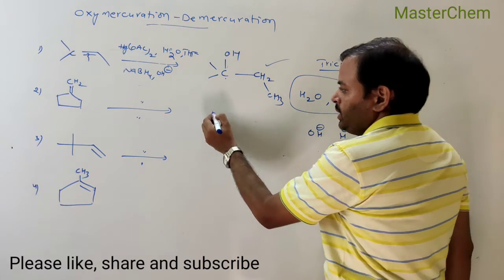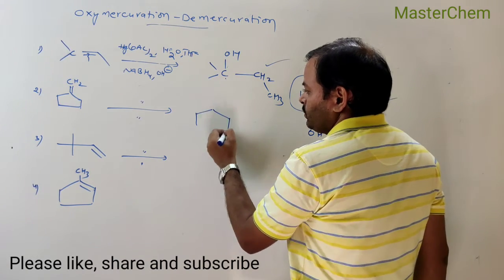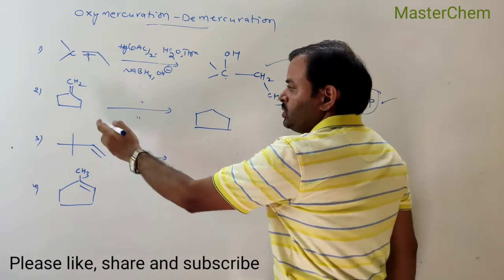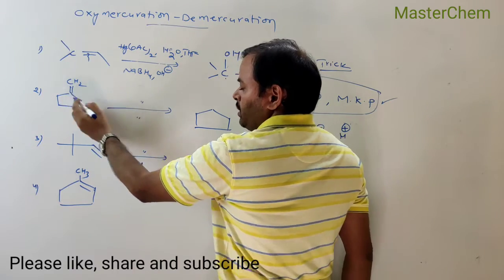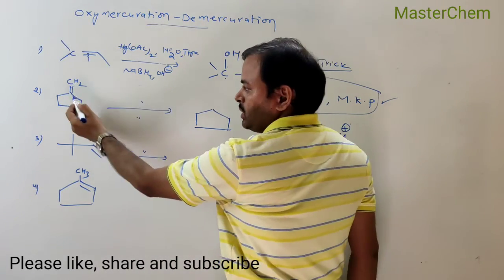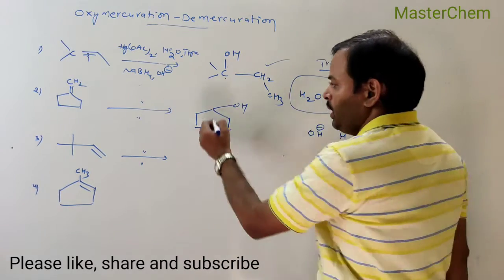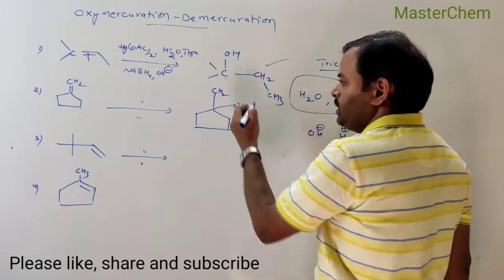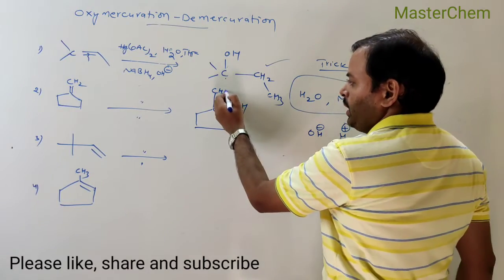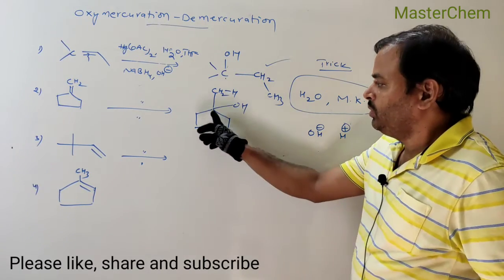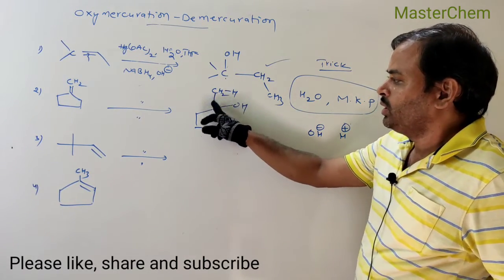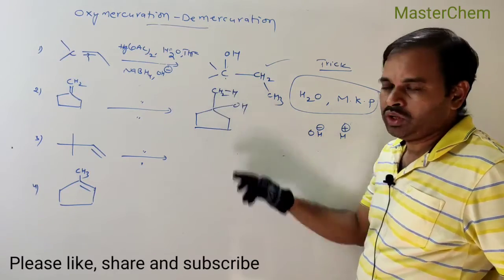And next, second, here it is double bond CH2. So in this unsaturation, the carbon atom which has less number of hydrogen atoms, at that point attach OH, and at this carbon CH2, attach hydrogen. How it becomes so? Here it is CH3 group and OH.